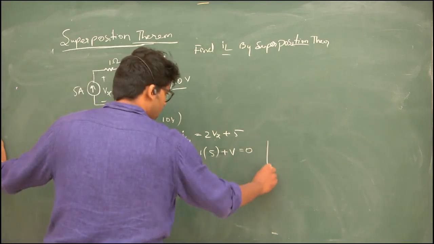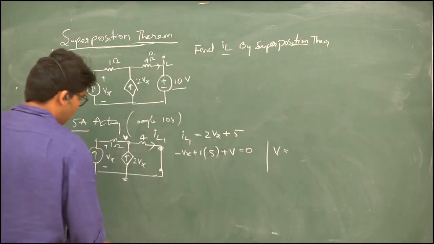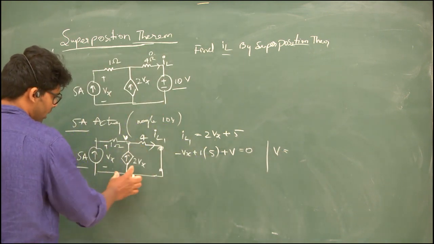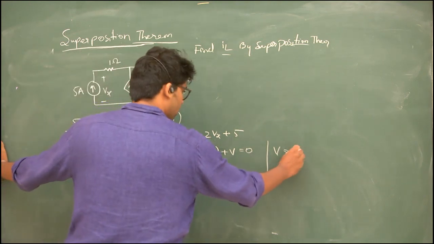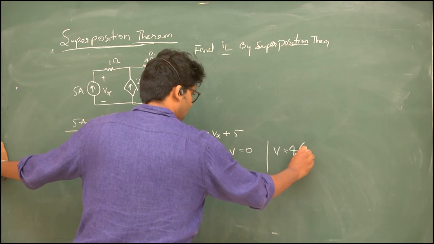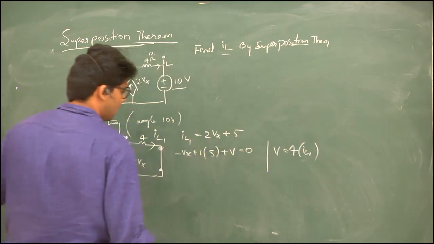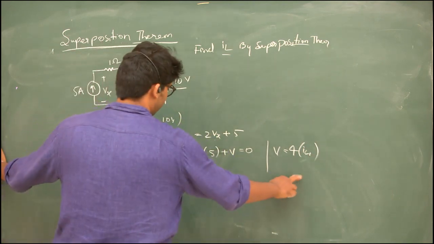Now what is V here? V equal to the voltage across this branch, that is the voltage across 2 Vx and the voltage across 4, that is 4 into IL1. Now transform this here.